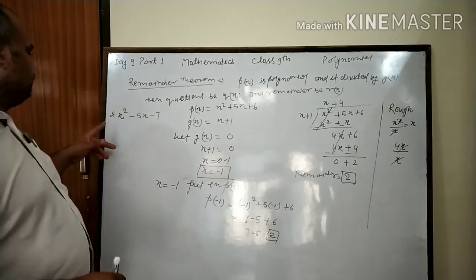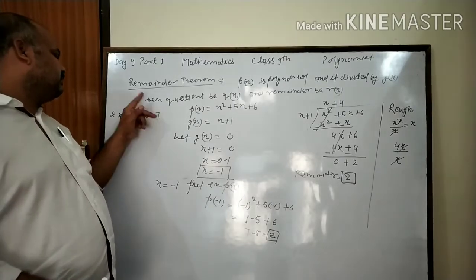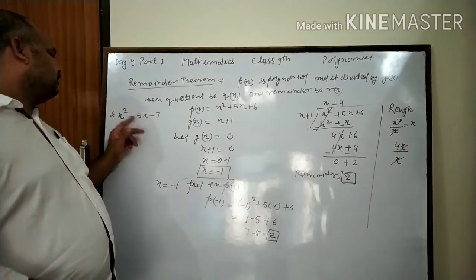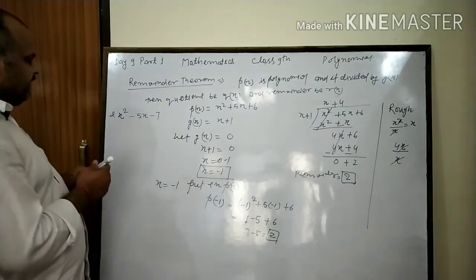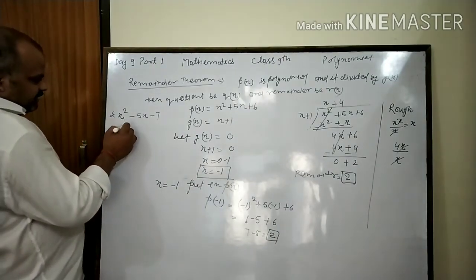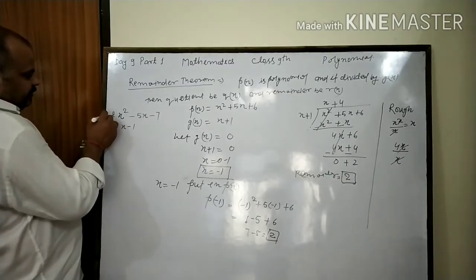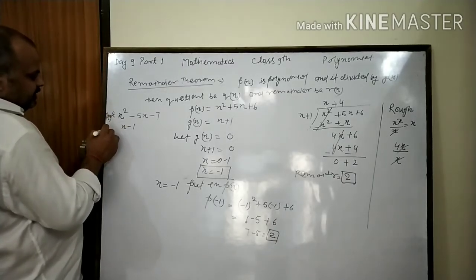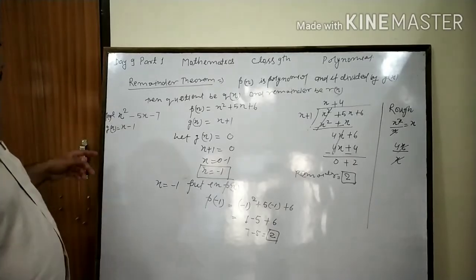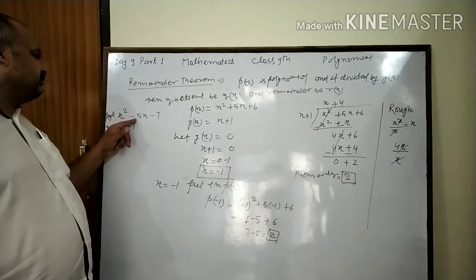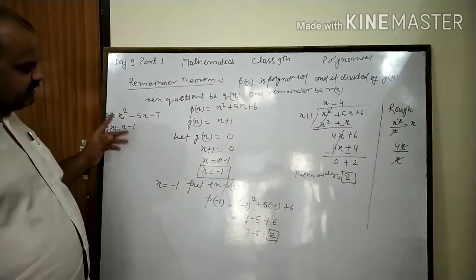It is a polynomial, 2x square minus 5x minus 7, and here it is divided by x minus 1. It is the p(x) and it is the g(x). Clear? Now this p(x), 2x square minus 5x minus 7, is divided by x minus 1.